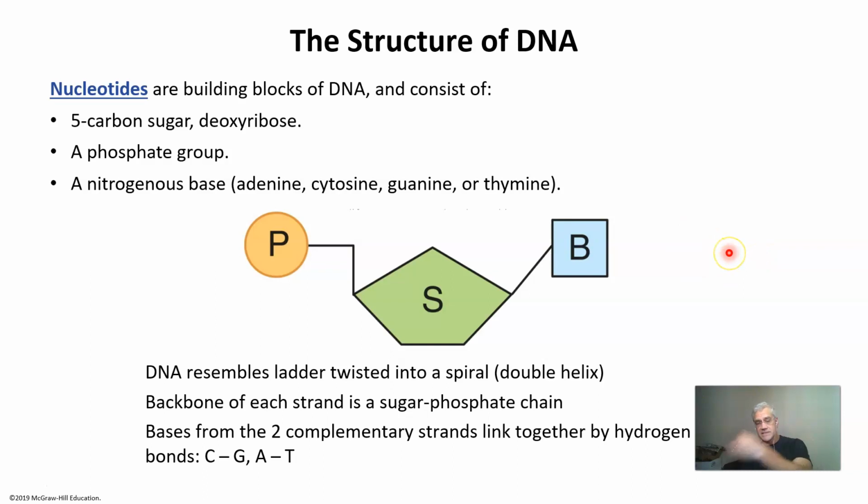But that base is also attached to a sugar, and that sugar is also attached to a phosphate. So that's the other half of a rung of the ladder. We call these support structures of the ladder a sugar-phosphate chain. So the sugar and the phosphate form the backbone of the ladder. The bases form the rungs of the ladder.